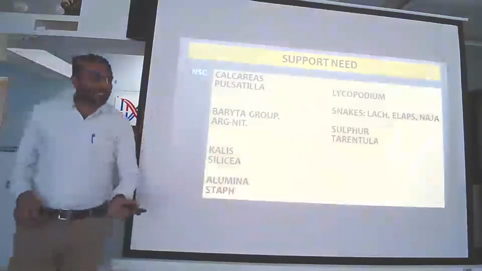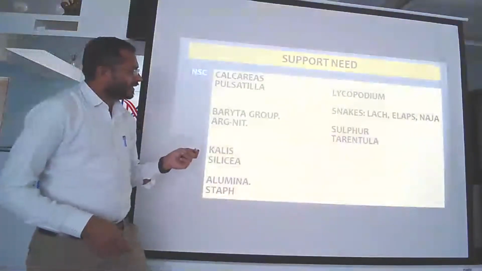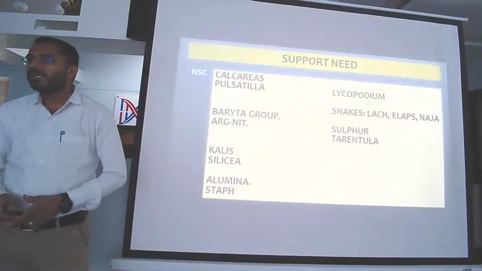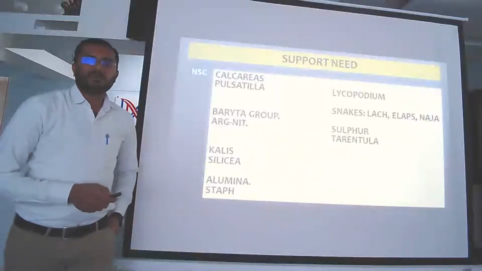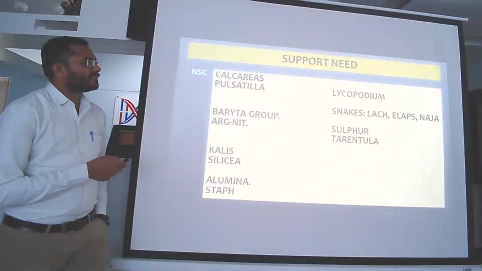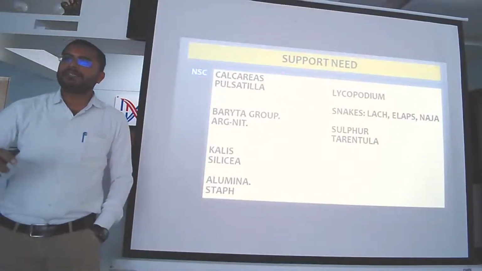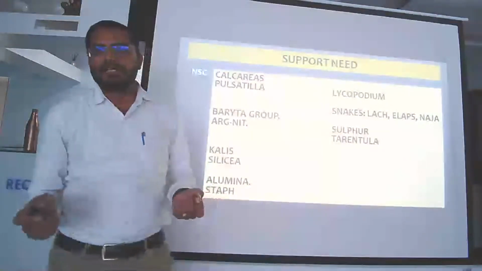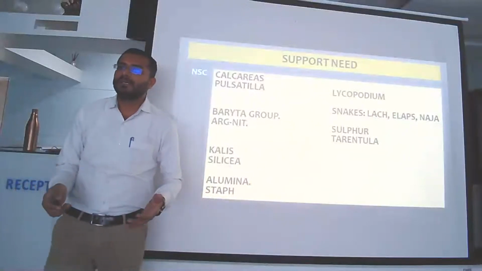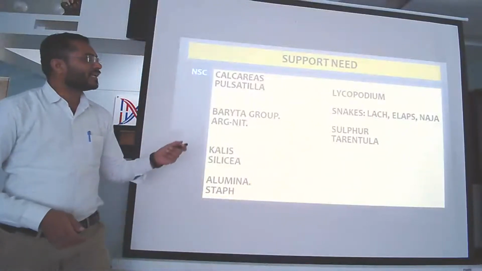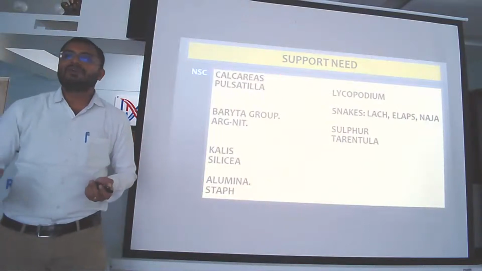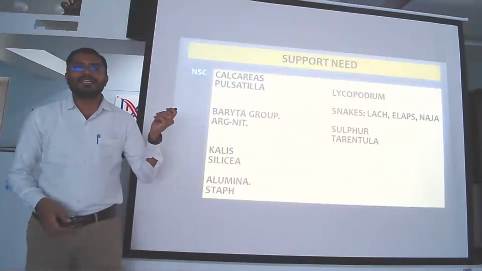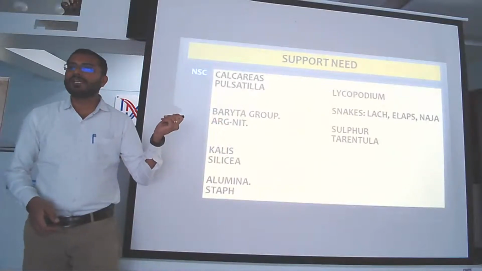These are the timid remedies: Calcarea, Pulsatilla, Baryta group, Argentum, Kali, Silica, Alumina, Staph. These all need support. See, Calcarea, in the initial stage, is very weak, like chalk, easily fragile, breaks. So he needs support to walk because the bones are fragile. Then when Calcarea evolves to a certain level, they want to collect money, so the basic need of money starts, the same as Pulsatilla, also collecting money.